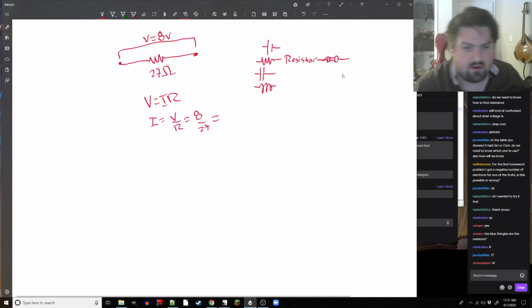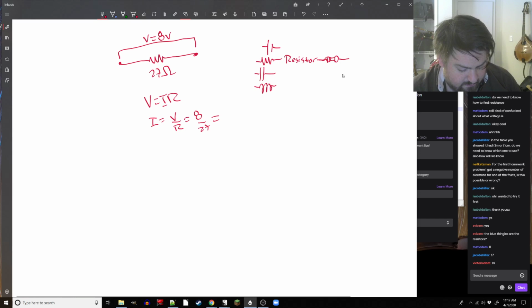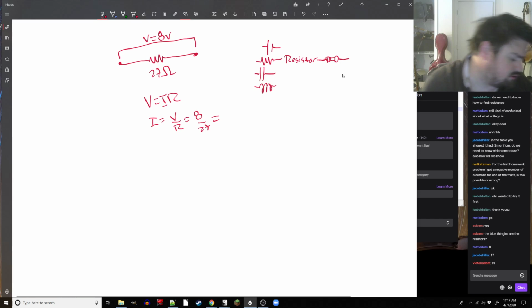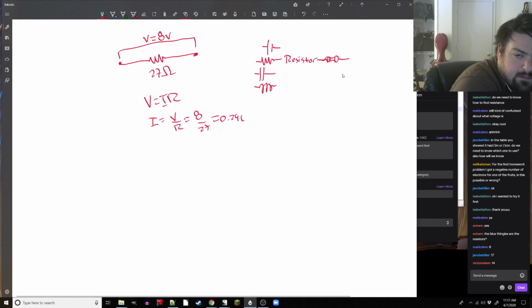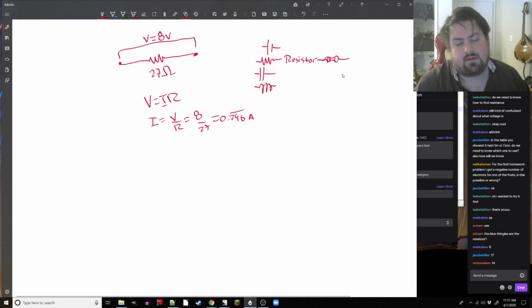I need a calculator for that, because that's not a nice number. 0.296 repeating amps. So that's the current going through that resistor.